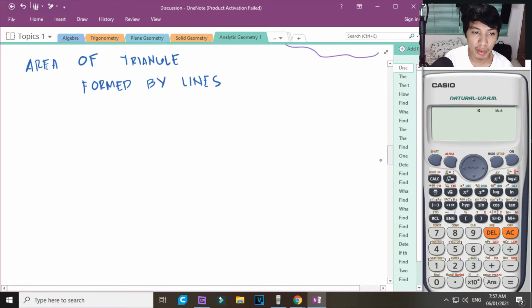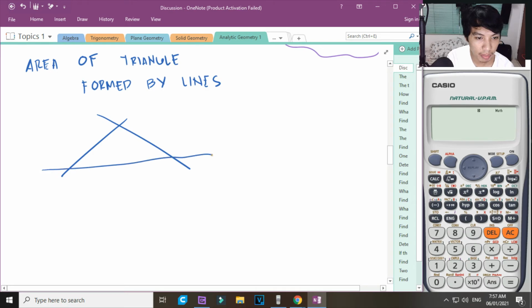So, ito, meron kang line 1, meron kang line 2, meron kang line 3. Yan. So, if this is line 1, line 2, and this is line 3, meron kang mga intersection points. Tama?